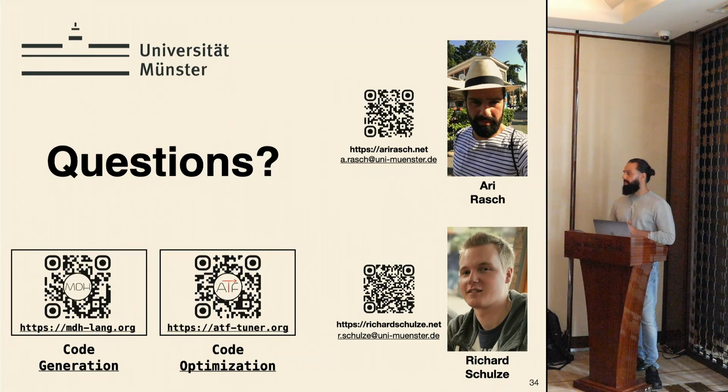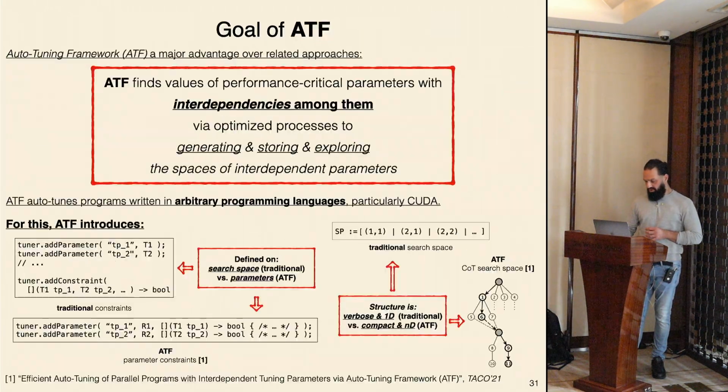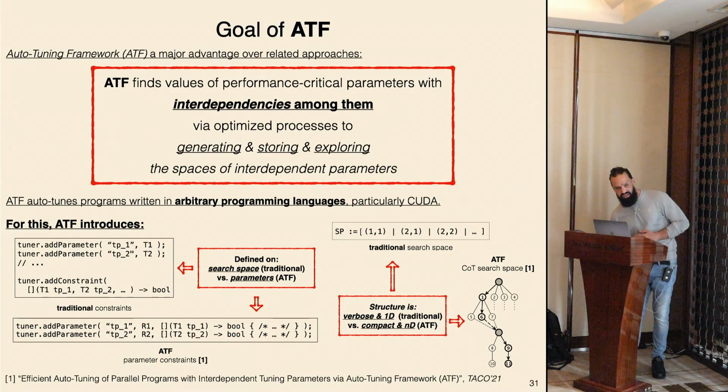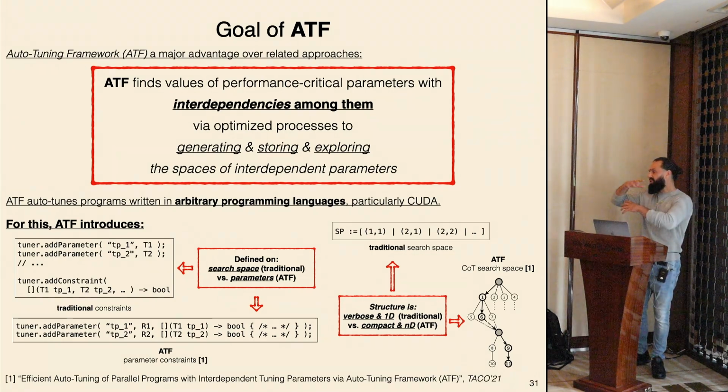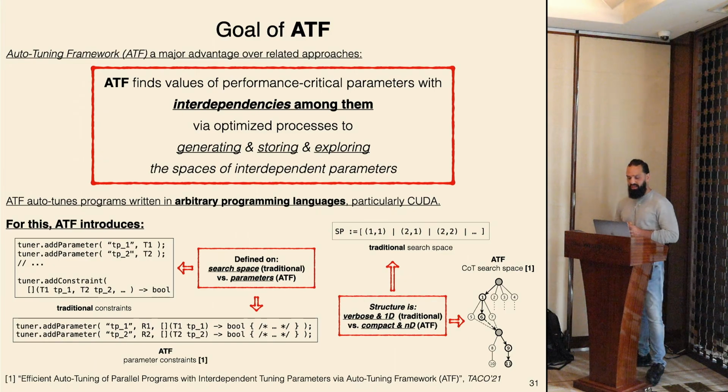Yes, but for instance, for simulated annealing, you start from some current configuration, and then you have the neighboring configurations. So what sort of neighboring configurations do you have? I think your question goes more in the direction of how the search space is represented, and that's this structure that you can see on the bottom right here. We have a tree-like representation of the search space, and we map this tree onto a coordinate space.